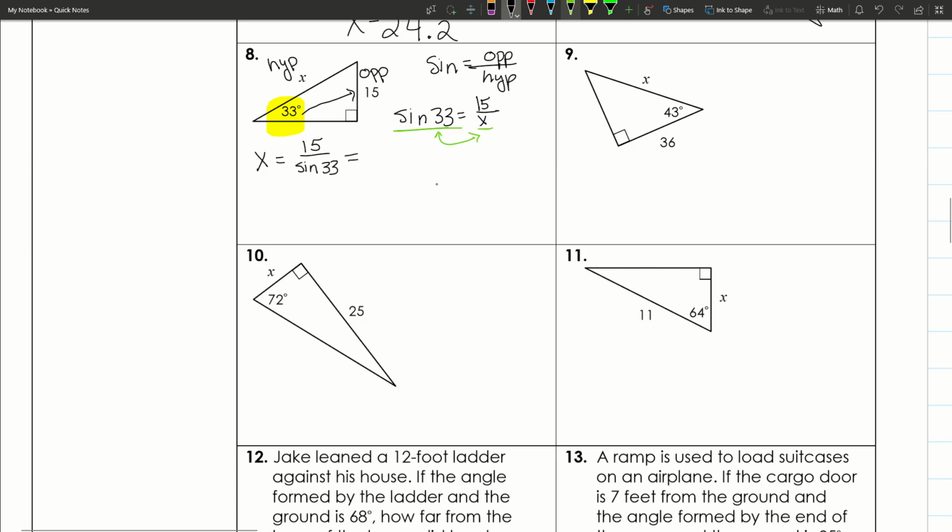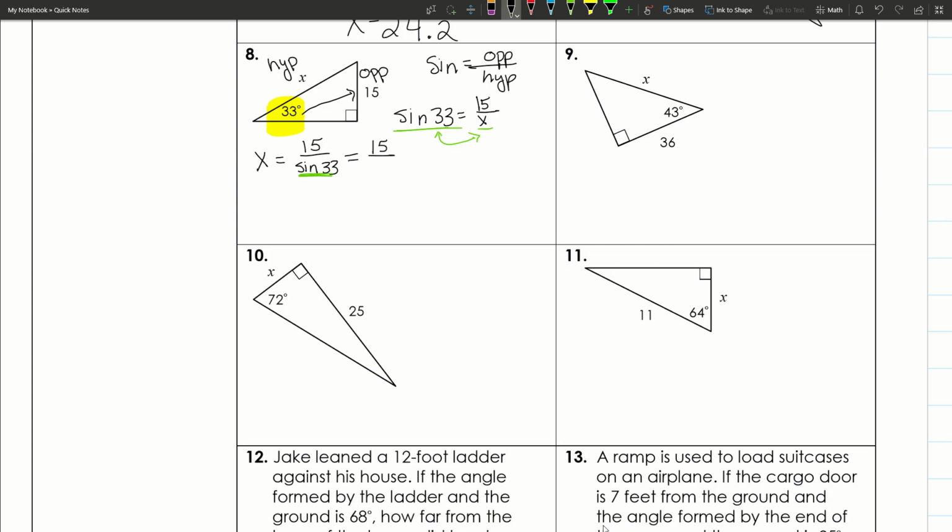The next thing we want to do is find sine of 33. And I want you to remember the first 4 decimals. So we said 33, and then our sine button, and the first 4 decimals is 5446. If your geometry teachers told you you can use 3 decimals, I'm fine with that, but I would prefer 4.